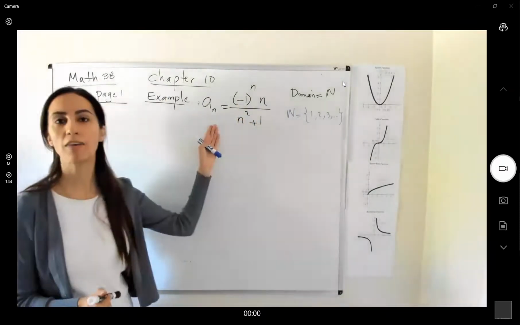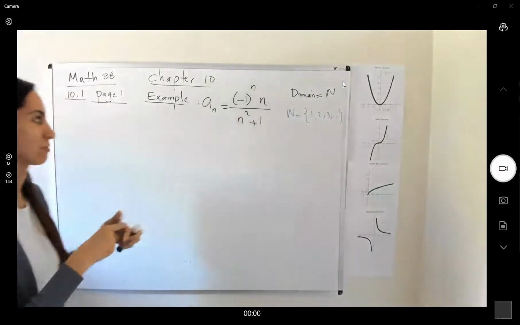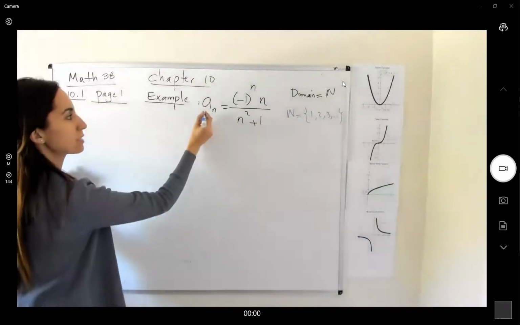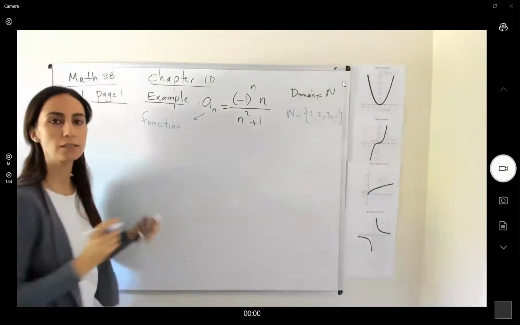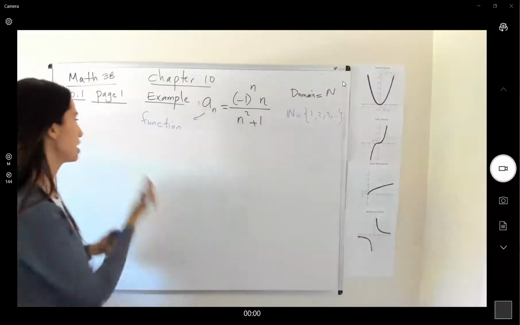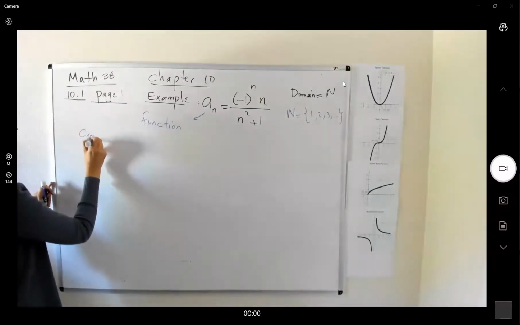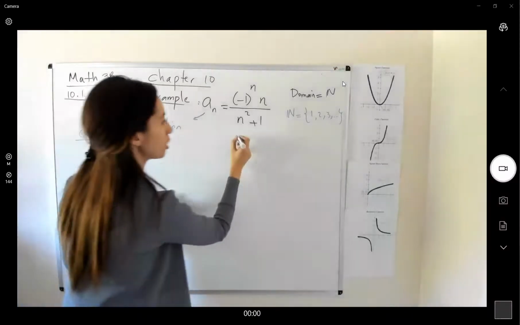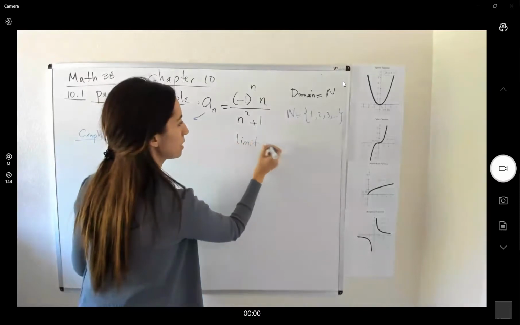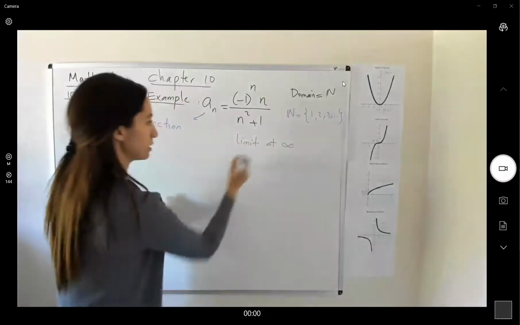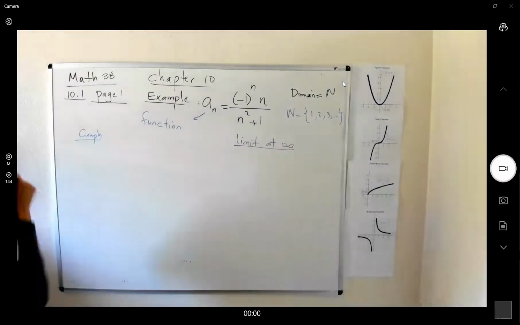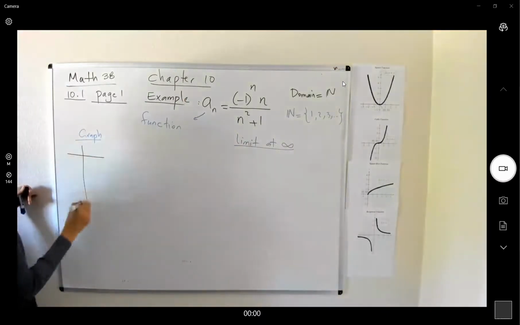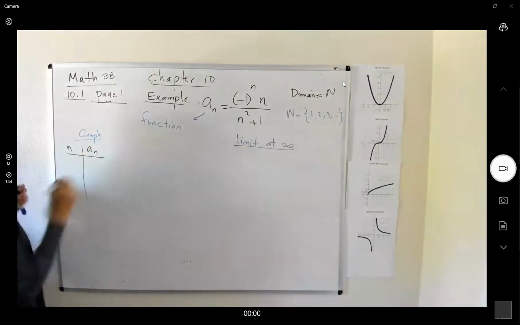Again, you have a function. A sub n as a sequence is a function. It's a discontinuous function. We can graph it, and at the same time, we can find the limit at infinity. Let's graph this function by plugging different values into a sub n.